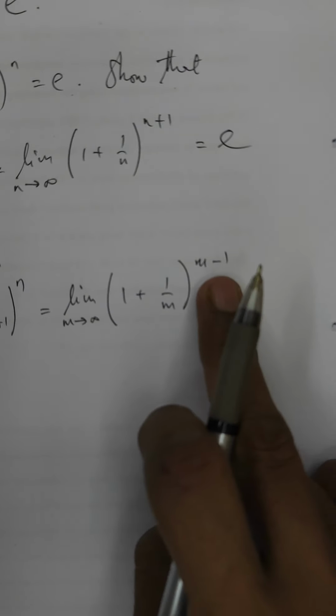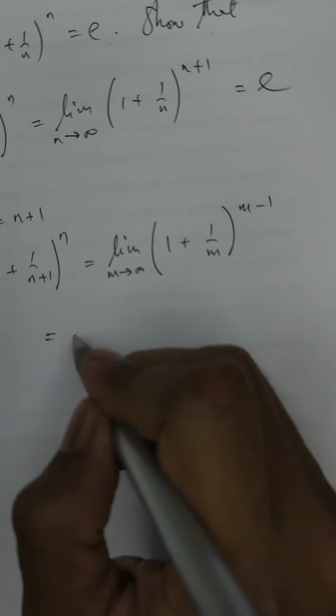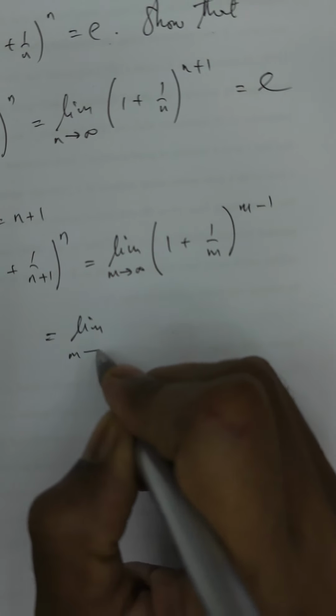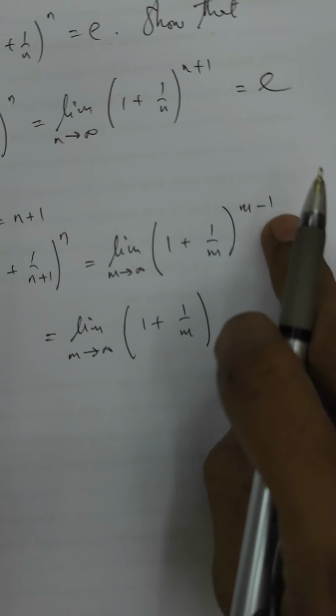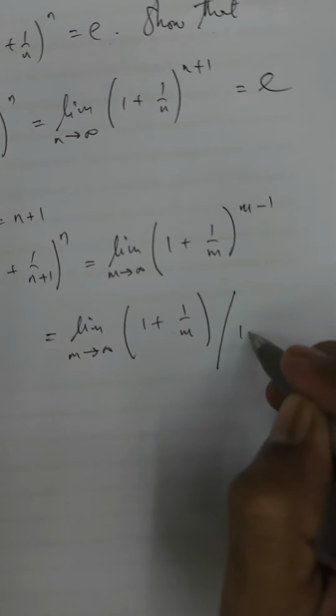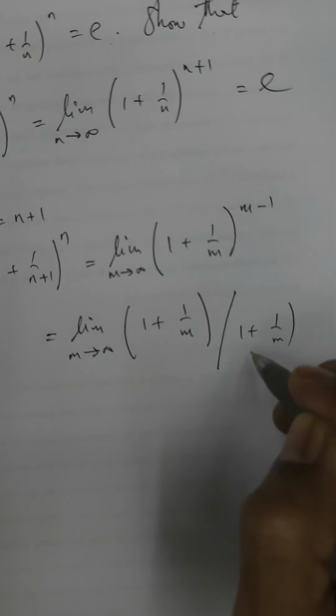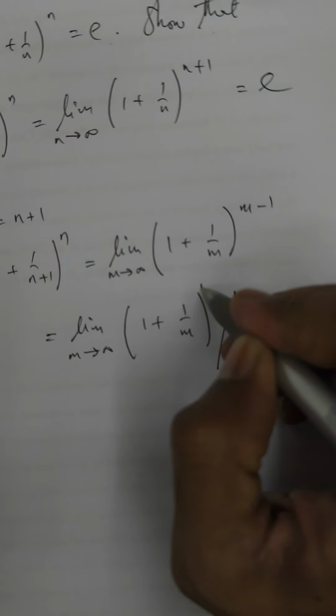Then you can use the index rule here. So this is equal to the limit as m goes to infinity of (1 plus 1 over m) to the m, and you have one more term minus there, which means you divide by (1 plus 1 over m).